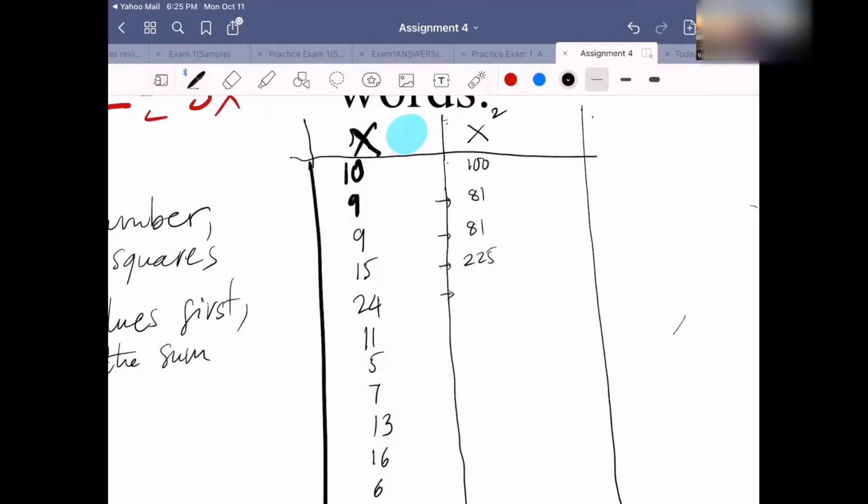How about 24 squared? It's going to be a big number, huh? 24 squared. On your calculator, if you don't see the notation squared, then you should type 24 times 24.